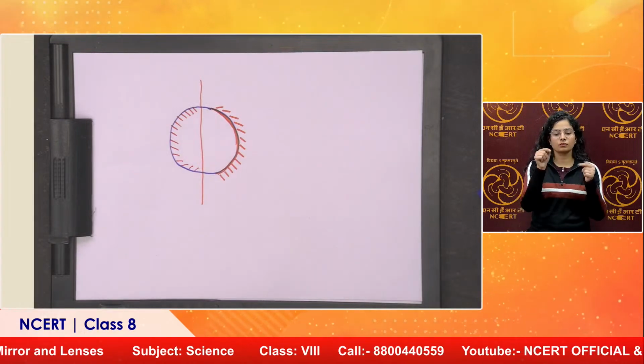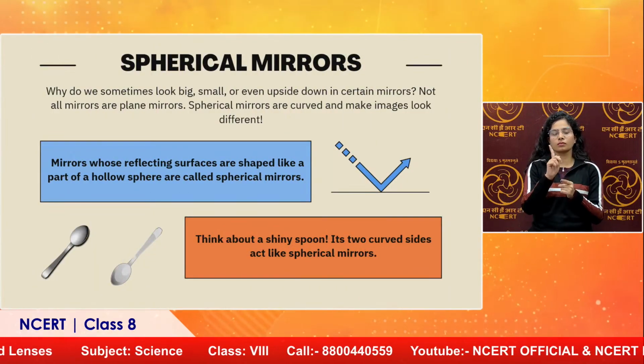Now here we can take the example of a spoon. A spoon has both ends. You have this one that is bulging out, and there's a curve in the spoon. The inside part where we take the food is forming a cave.